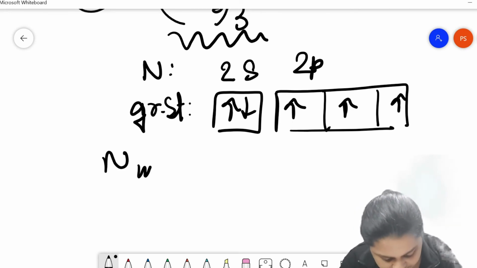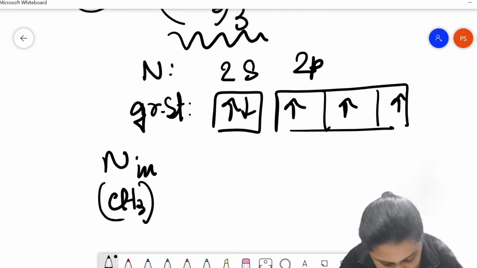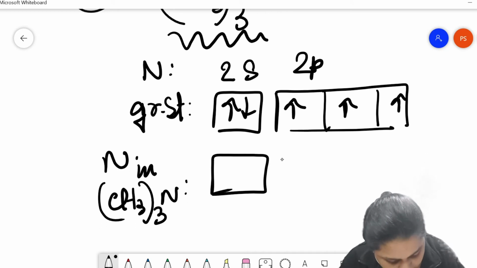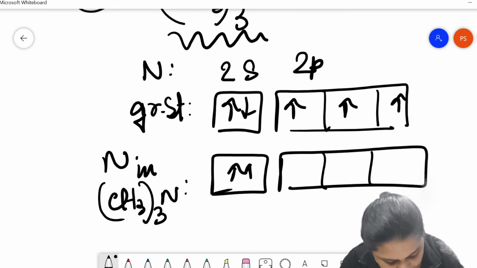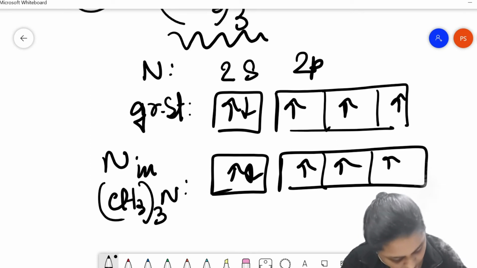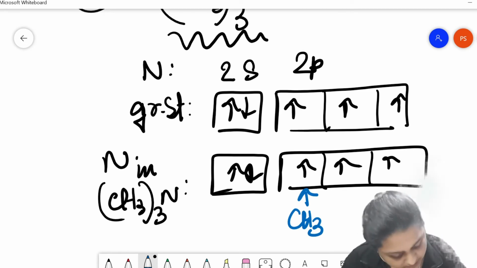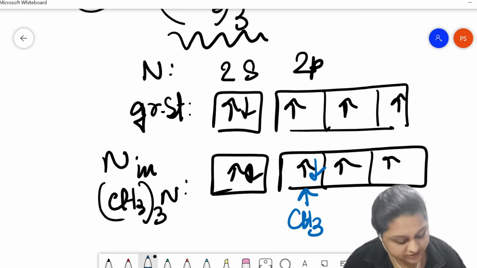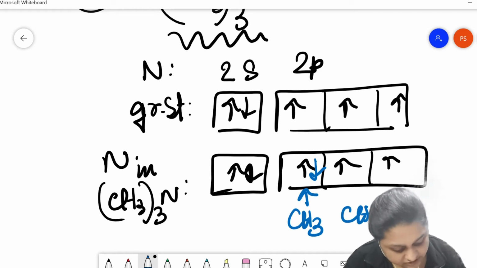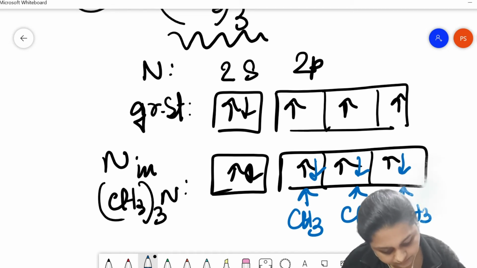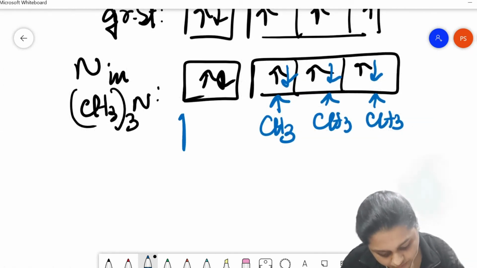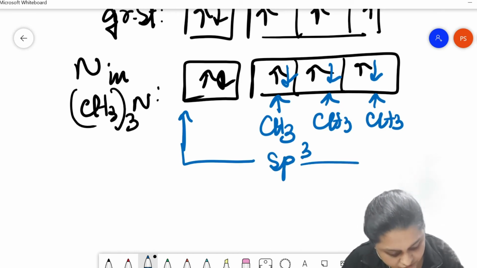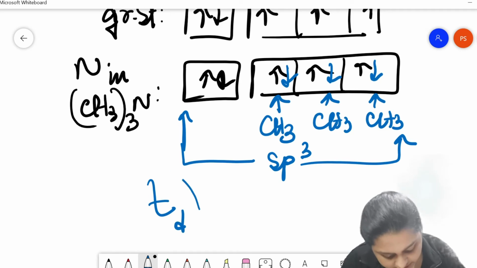In the excited state nitrogen, like in the case for this compound, the carbon in the CH3 alkyl group will share one electron with each electron in the nitrogen atom, and thus will form 3 sigma bonds. So the hybridization will be sp3.